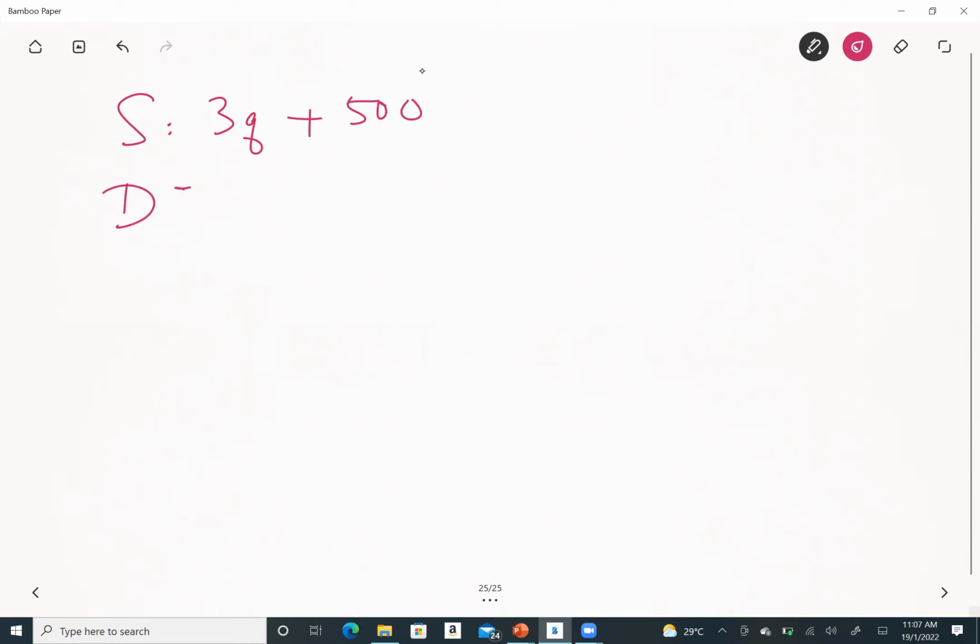And the demand, don't forget the price, P equal to negative 4.5Q plus 5,000. Suppose it's like that.